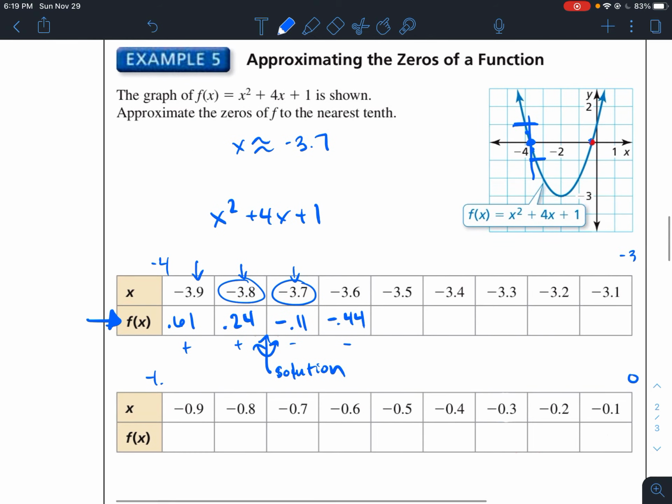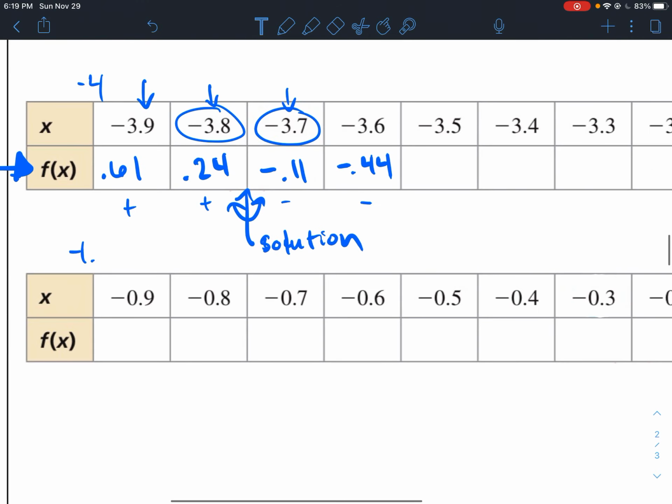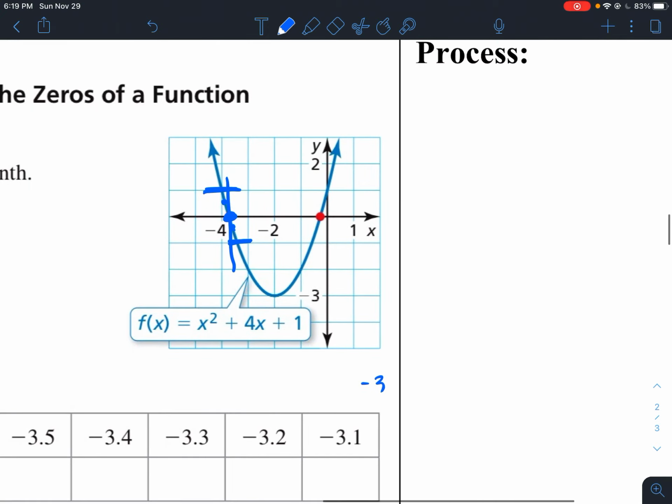Now can we do the same thing on this side over here? Can we plug in some values? So let's go ahead and try some values. I'm just going to start guessing. Remember that over here we just went negative, so sometime we're going to have to go positive.